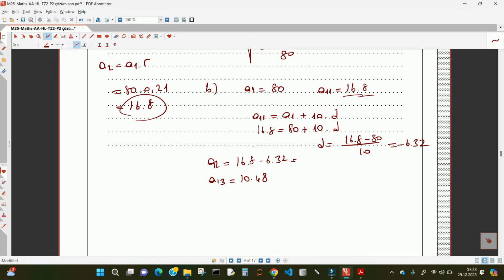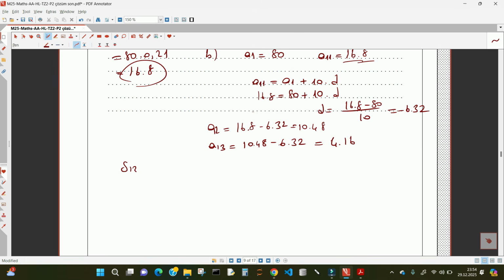Sorry, this is the 12th term, 10.48. And the 13th term is 10.48 minus 6.32, right? Because it's decreasing. In this case, I find this one, 4.16. If I subtract 6.32 again, it's going to be negative, so I don't want it because I will add all of these numbers.